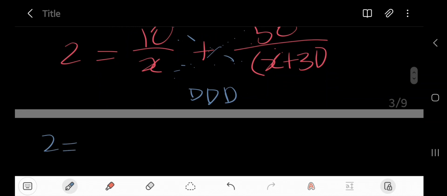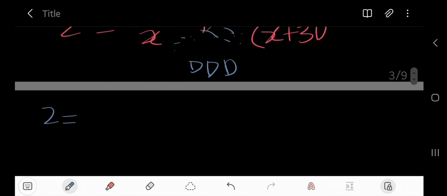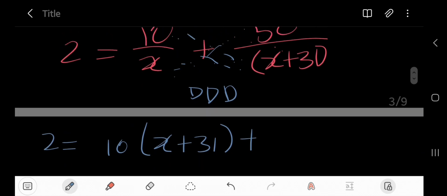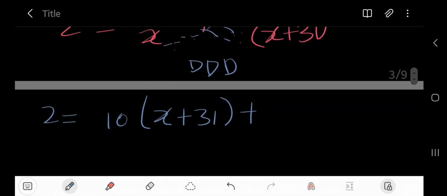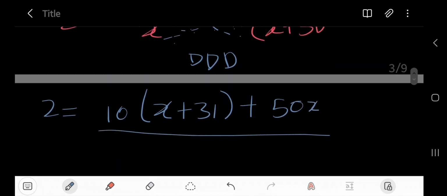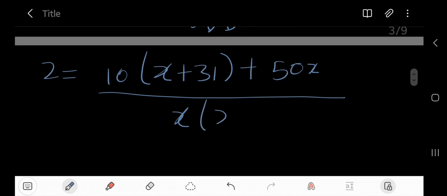So 2 is equal to our first diagonal, 10 multiplied by x plus 31, plus the other diagonal, x times 50, which is 50x, all over the denominators multiplied by each other, x into x plus 31.